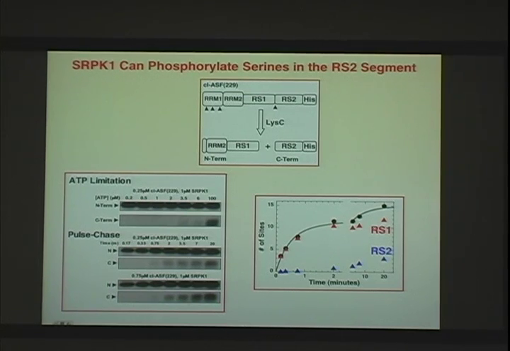So it's not confined as we initially thought, but kinetically they're different because what happens is in the first minute or two, all of the phosphate is going into the RS1 segment. And then after that happens, then it seems like it goes into RS2. Okay? So the kinase is more residue-specific, but it's regiospecific with respect to dynamics.